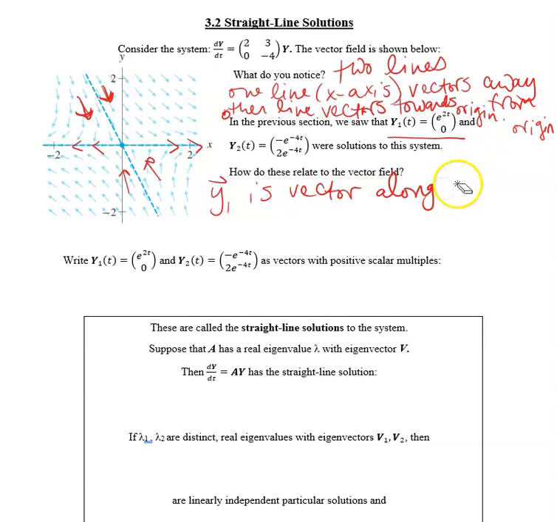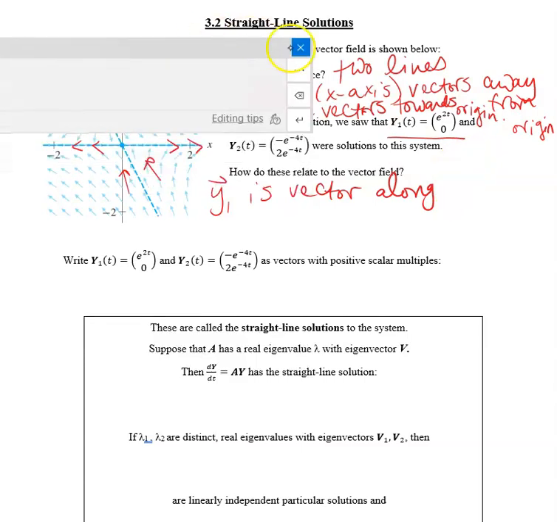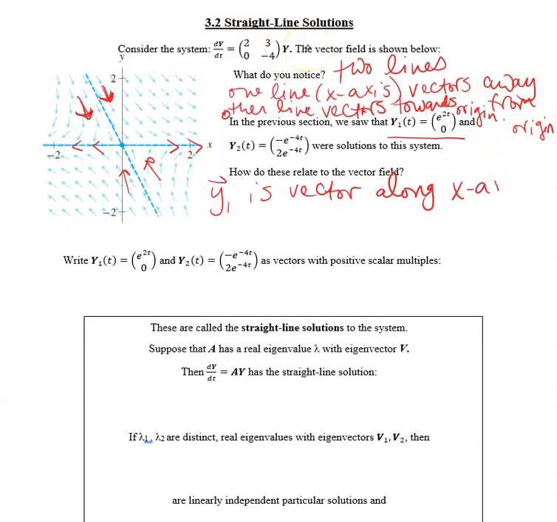Let me clarify this. Along the x-axis, let's suppose t is 1. Maybe don't write this, but go through with me. That would give us a vector of e squared, 0. Remember, that's your x component, and that's your y component.